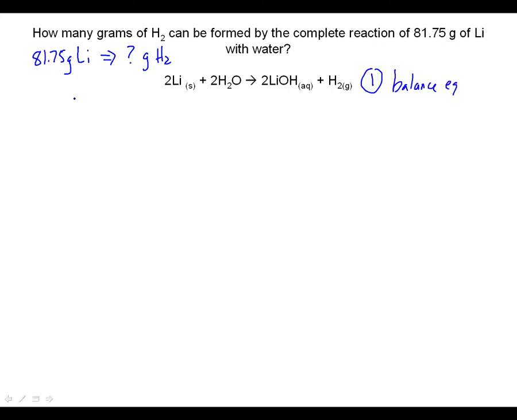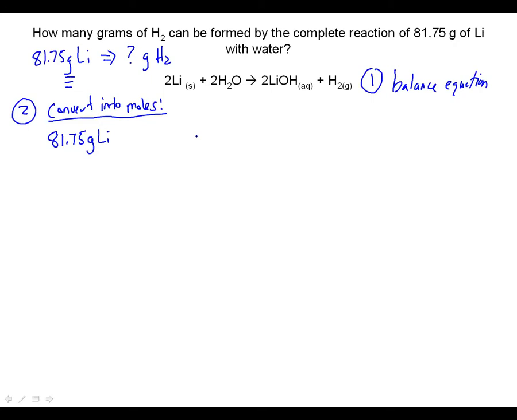Step number 2 is the same. We want to take whatever they gave us and convert it into moles. So the question is, do we have to do that in this particular case? And the answer is yes, because what they gave us was not the moles of lithium in this case, but they gave us the grams.